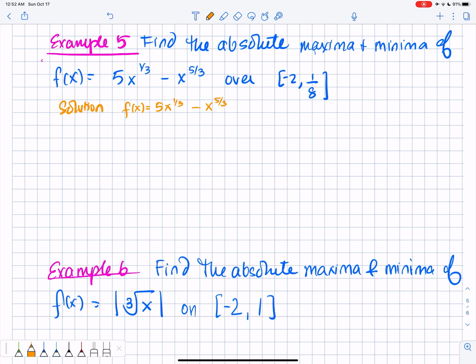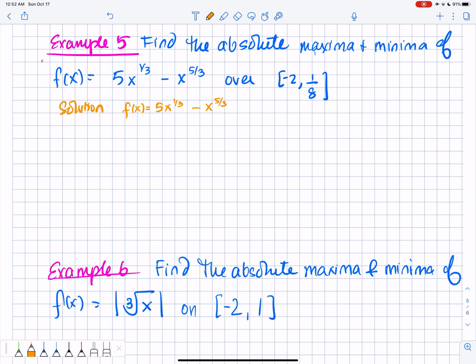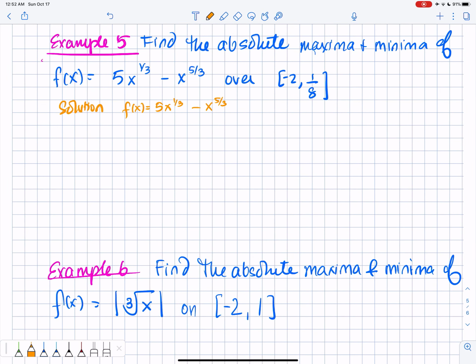Because it's odd roots, 1/3 and 5/3, you can define it for all x values. You don't need x to be positive. So this function actually is defined everywhere. So the domain is all of this. There's no trouble points in there. But anyway, you're given f on that interval.